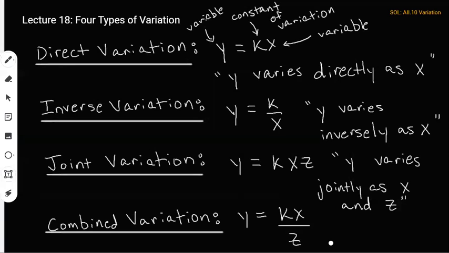Another question that they might ask you is find out what k is. And k is just going to be a number, right? The constant of variation. The third type of question that they might ask you is, once you found k, solve for a missing variable. And we're going to look at that at the very end.